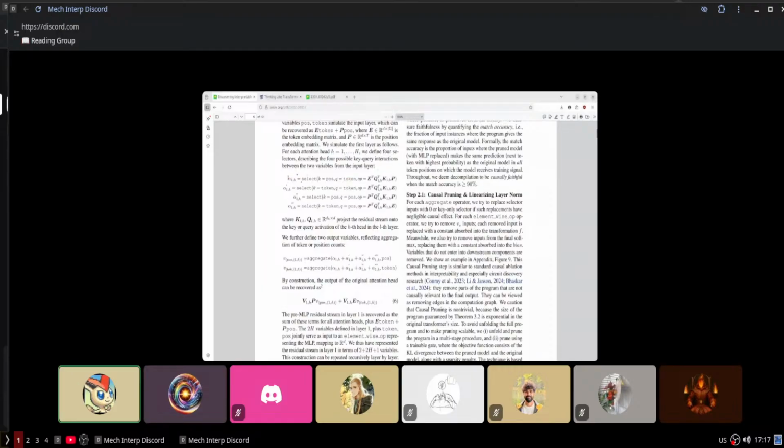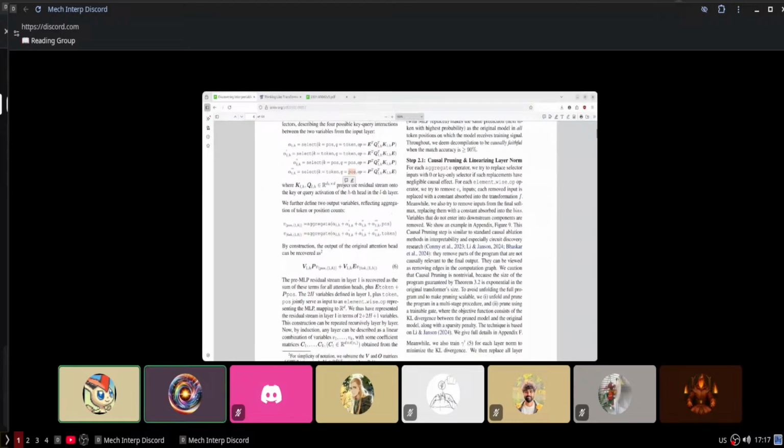For the attention they do a bunch of selects with the position as k position, the positional encoding, and the token as query. They do all the combinations of token and positional, and they try putting zeros in different elements and see which ones don't change the outputs, to see what actually matters.